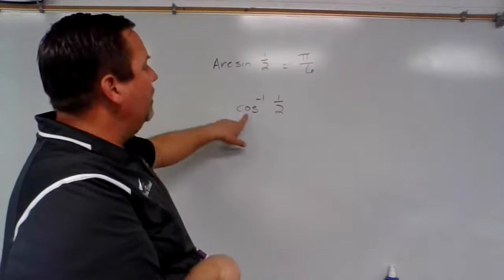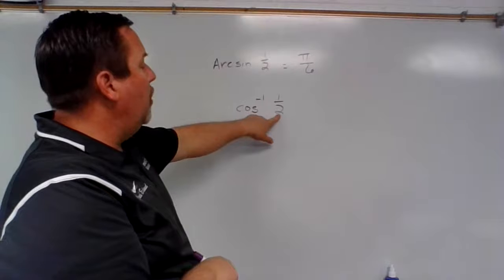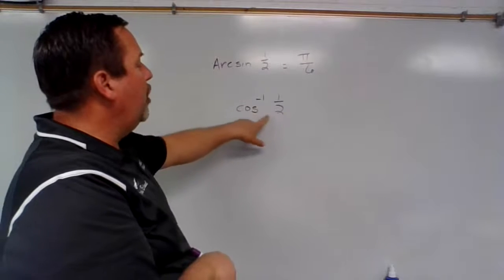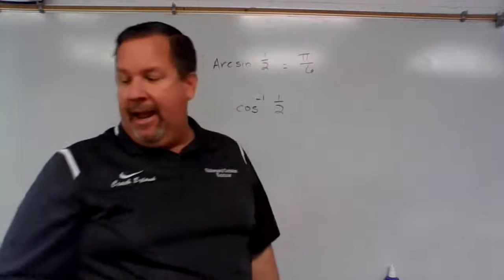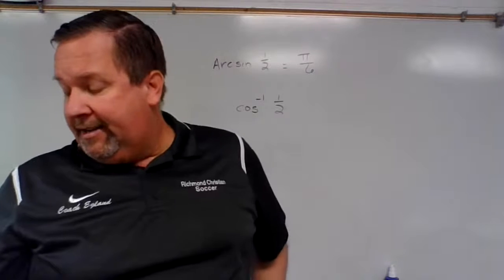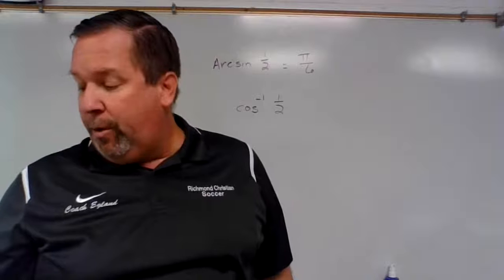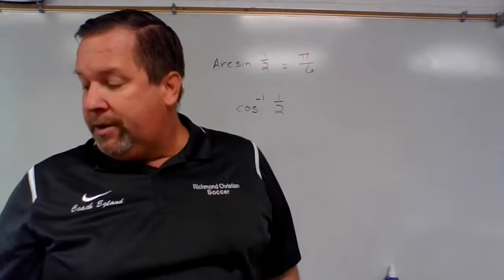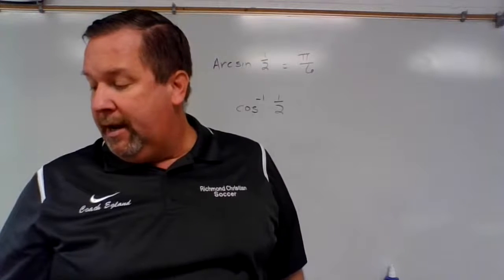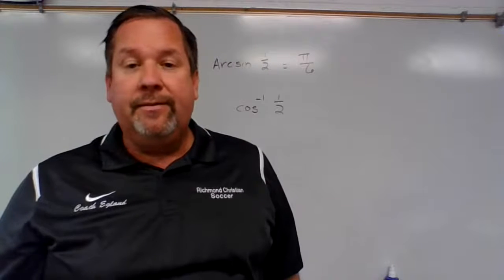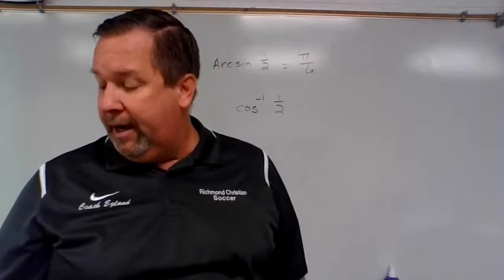What is the angle whose cosine is 1/2? That's what arc cosine means. And I look and I see, well, at pi/3, the cosine or the x value is 1/2. I think the answer is pi/3.